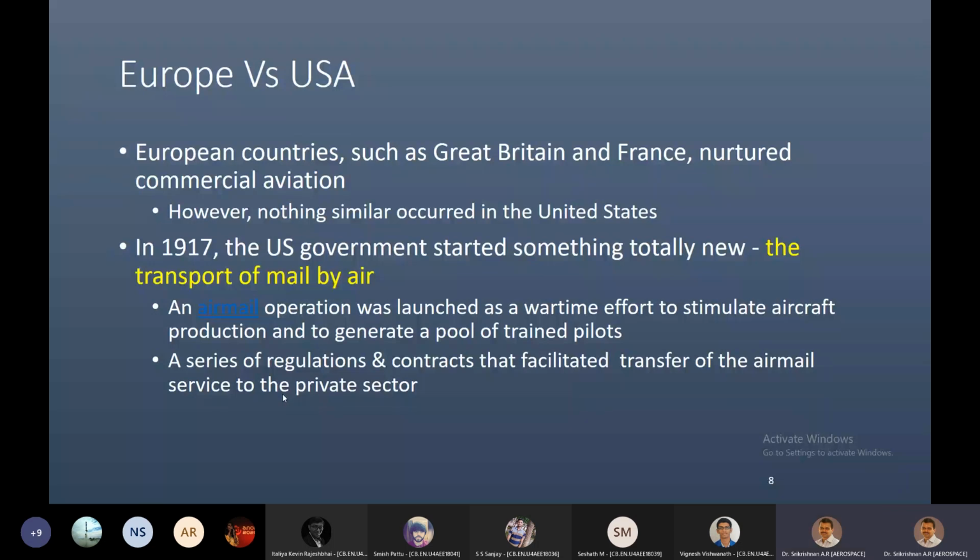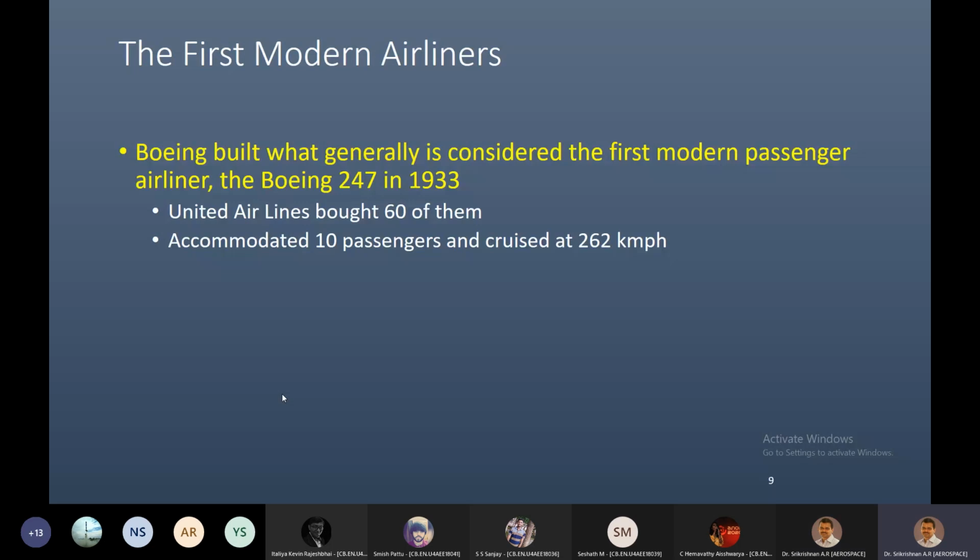So in that era, now we are talking about the early 1920s, U.S. interest in aircraft, in the aviation industry in general, was focused on air transport for postal delivery. And then comes what we usually call the first modern airliners.